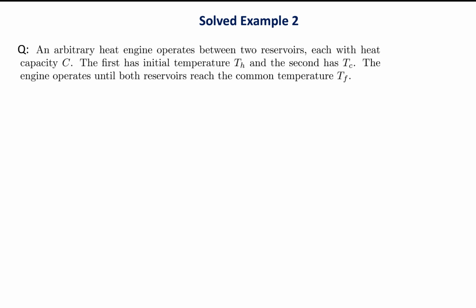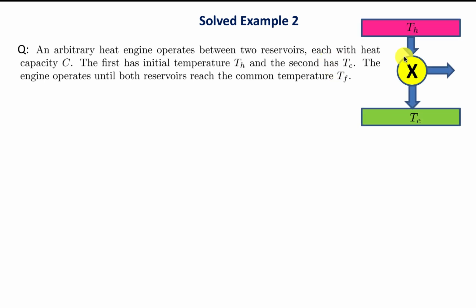One last example. Here, any heat engine operates between two reservoirs, each with heat capacity C. The first has initial temperature TH and the second has TC. The engine operates until both reservoirs reach their common temperature, which is called TF. So here's a picture that we can make.